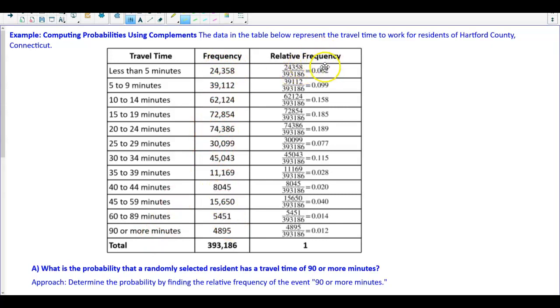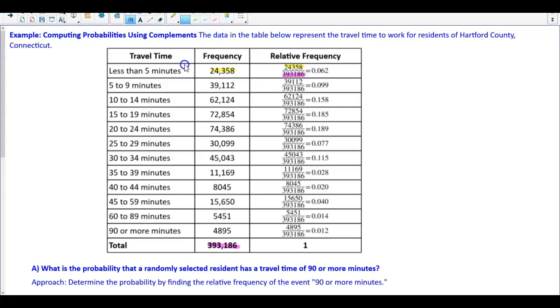How do we find the relative frequency? Well, we take each frequency and divide it by the total. So remember that if the total is 393,186, then we're going to take each frequency and divide that by the total frequency to get the relative frequency of 0.062. So this is another way of saying probability.